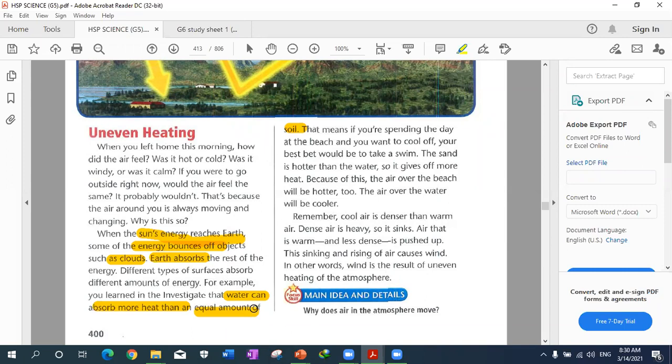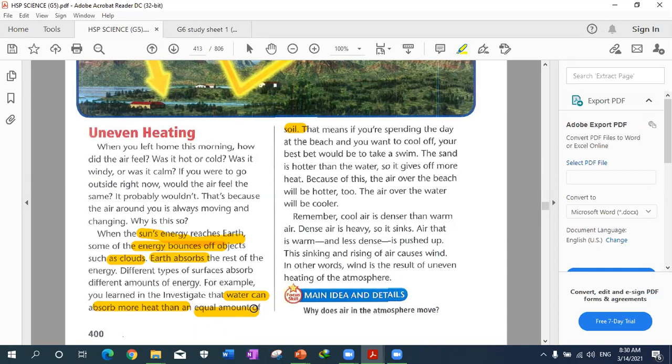Well, that's nice, you just learned about this today. So yes, water can absorb more heat than an equal amount of soil. If I brought two pots, one of water and one of soil, the soil would absorb less heat than the water.